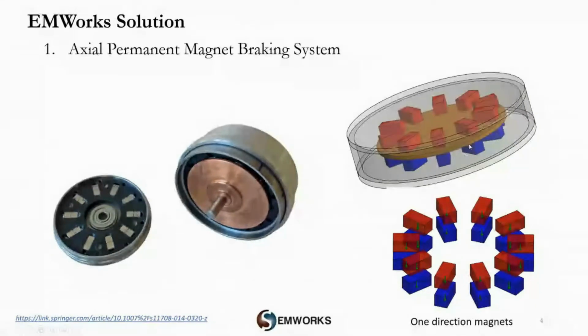In this case, as you can see here, you're going to need a back iron from top and bottom in order to close the magnetic circuit. So one rule of thumb here is if you want the permanent magnets aligned, with the same direction, you must have what we call back iron.